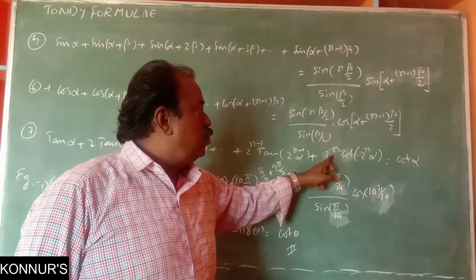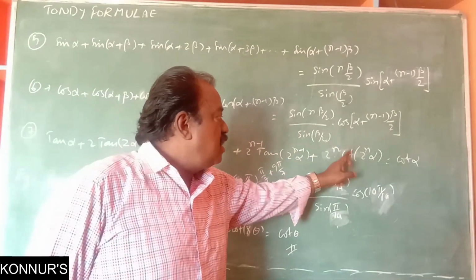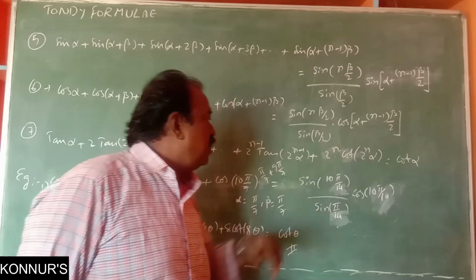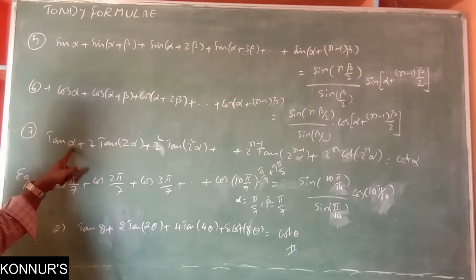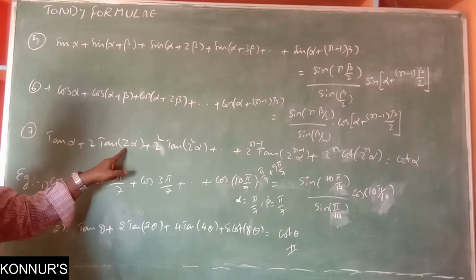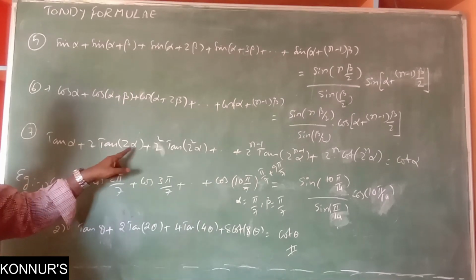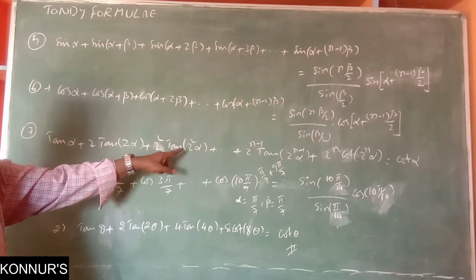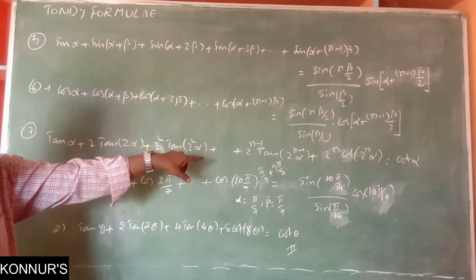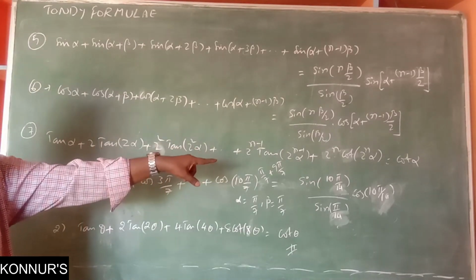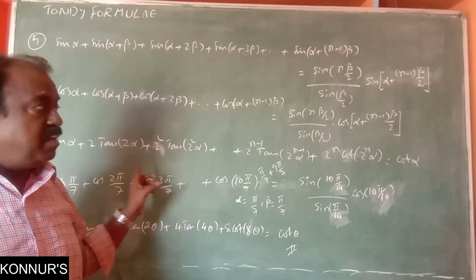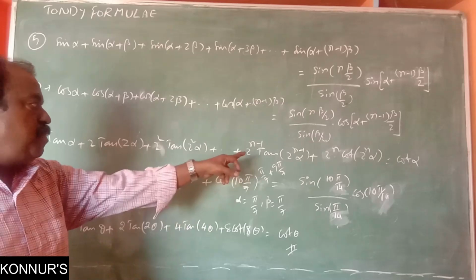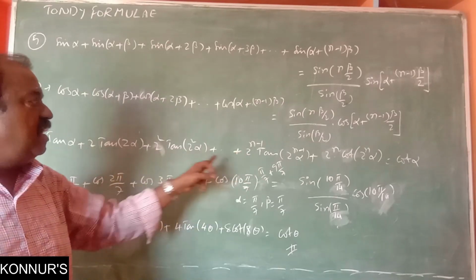The last term is 2 power n cot 2 power n alpha. Observe: alpha, its multiple is 2 alpha, and then 2 square alpha, 2 cube alpha, 2 power n alpha. The last term is cot, but before that, all the terms are with tan.